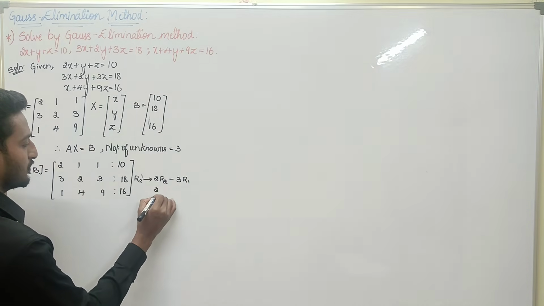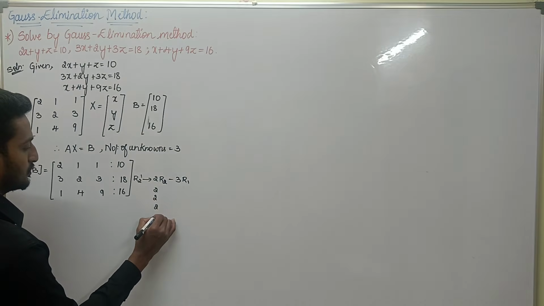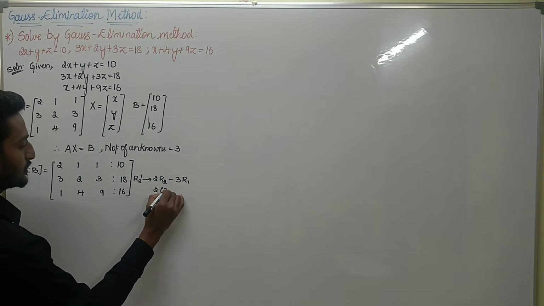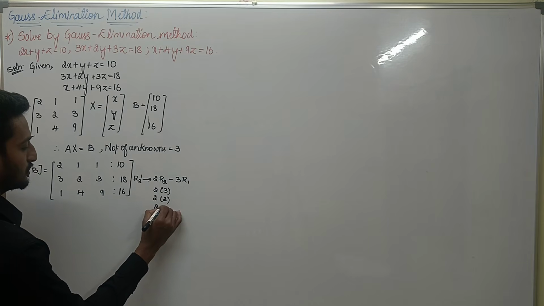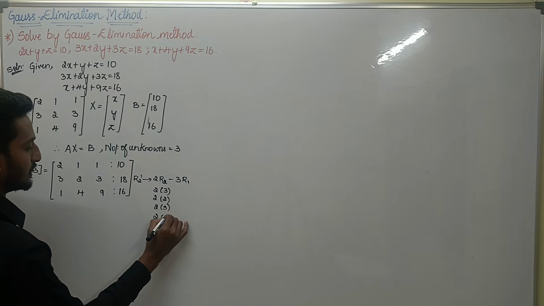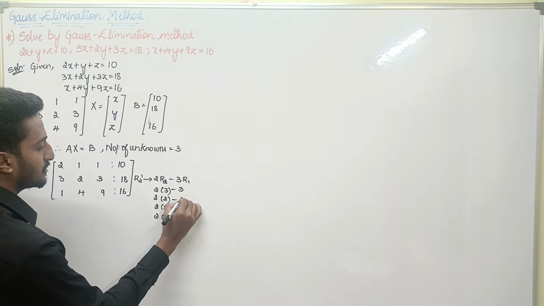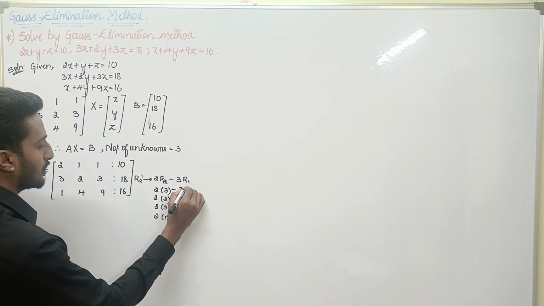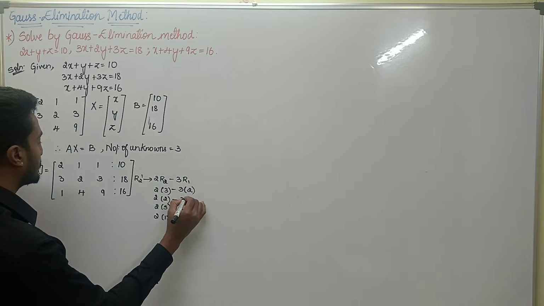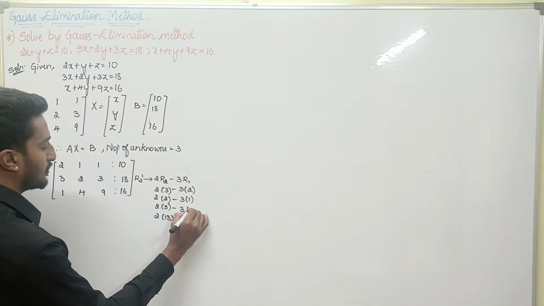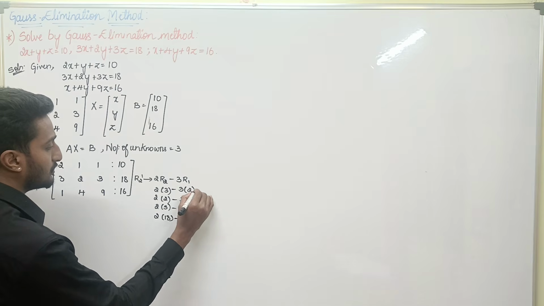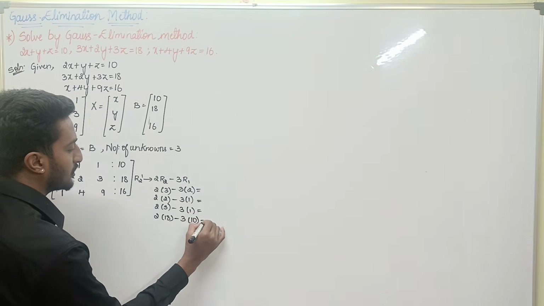What is R2? 3, 2, 3, 18 minus 3 times R1. What is R1? 2, 1, 1, 10. Now let us simplify.